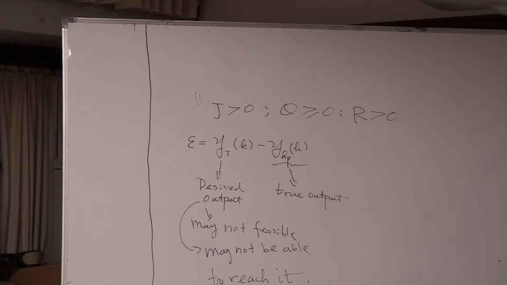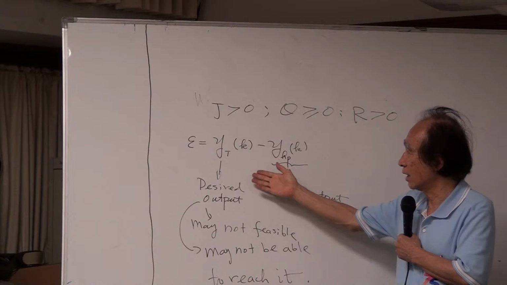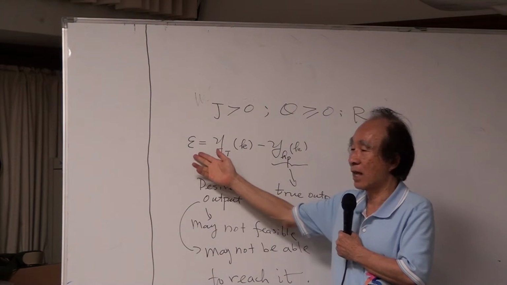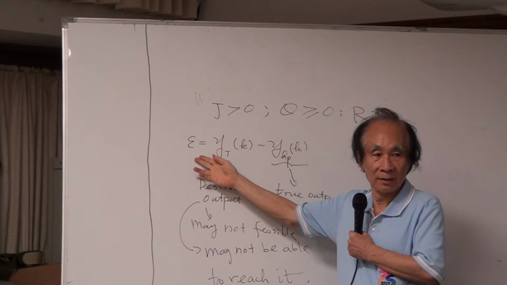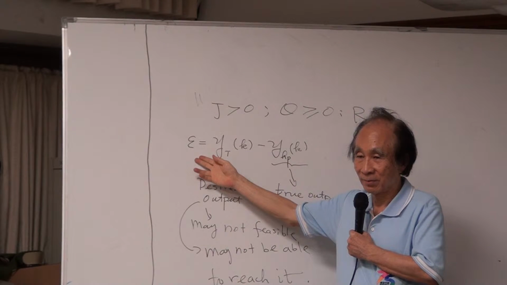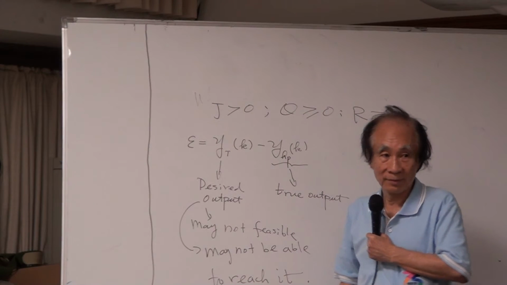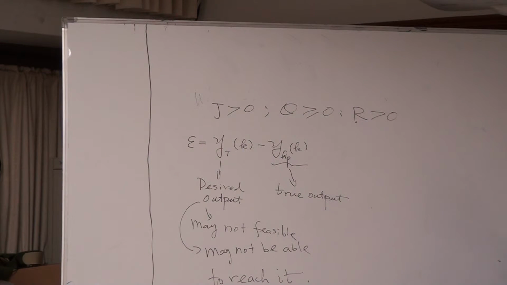If the car doesn't have that capability, you can't do that. So the ideal case is X equal to 0, but the ideal case may not be possible. That's why we have to do this kind of optimization.